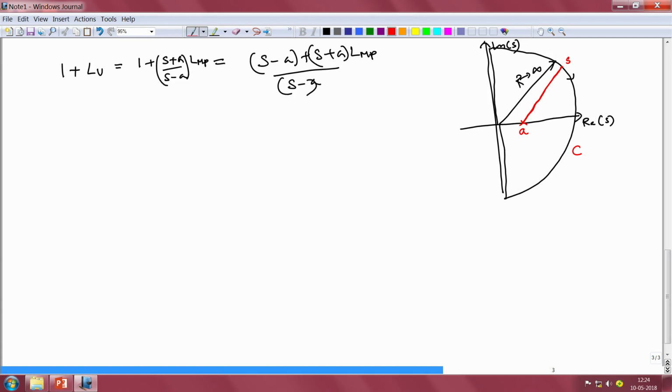But since the term s minus a appears in the denominator of the transfer function 1 plus Lu, we note that the net encirclement that will occur because of the term s minus a, when we take the variable s in the clockwise direction once, is one counterclockwise encirclement, because the term 1 by s minus a will change its angle in a manner that is opposite to the direction in which the angle of s itself changes.